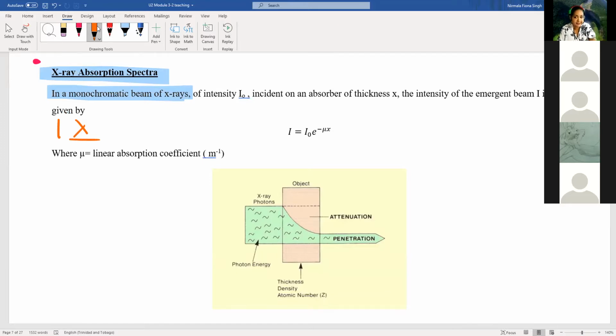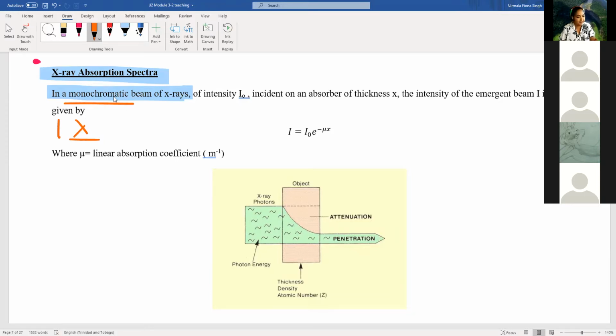Remember, we did say that we have a whole range of X-rays, a whole set of different frequencies that an X-ray can be emitted at. But here we're going to look at one frequency or one wavelength of X-rays. That's what monochromatic means in this stage.